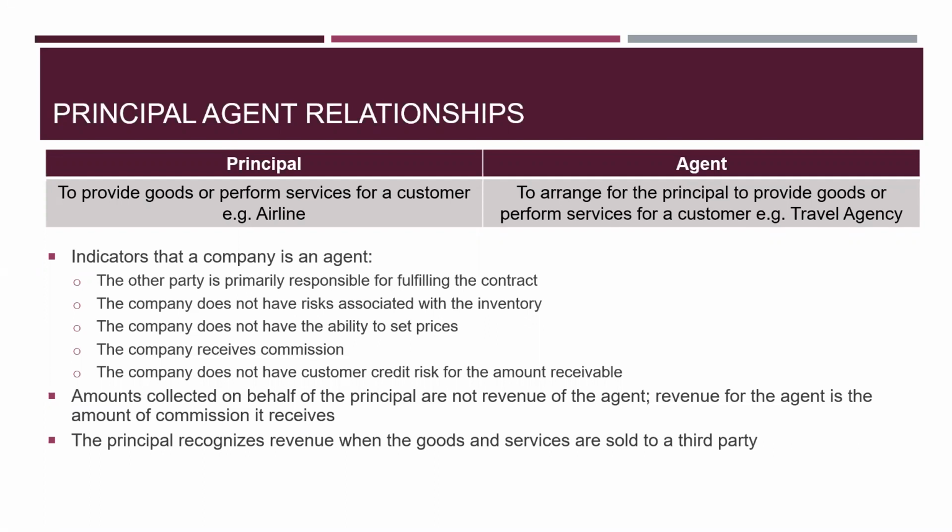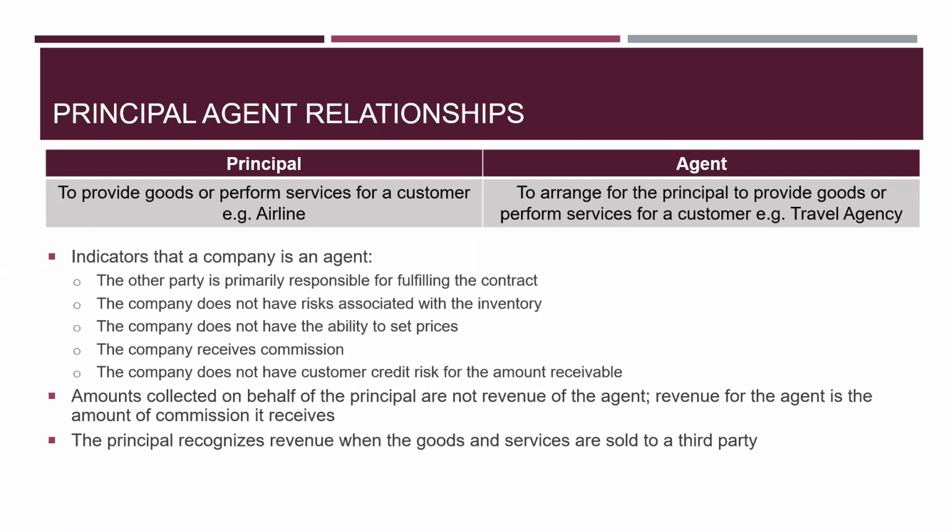Okay, so the indicators that a company is an agent is that the other party, which is the principal, is primarily responsible for fulfilling the contract. The company does not take risk associated with the inventory. So your agent is not responsible should something happen to the house, or if you change your mind. So they do not have any risk involved to the inventory.